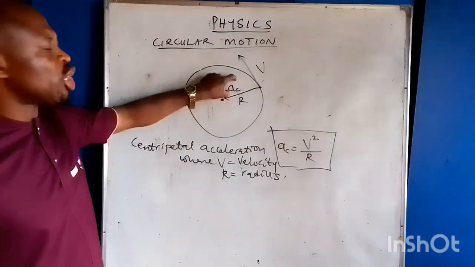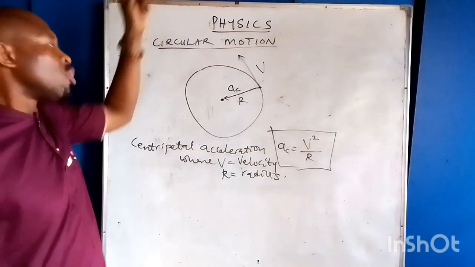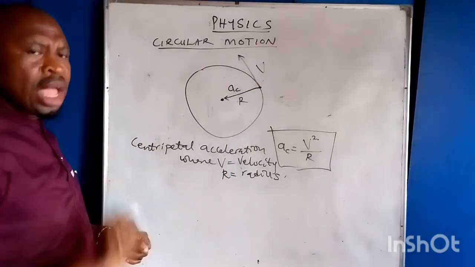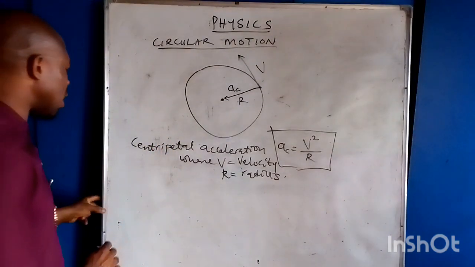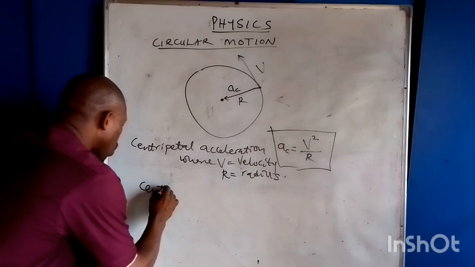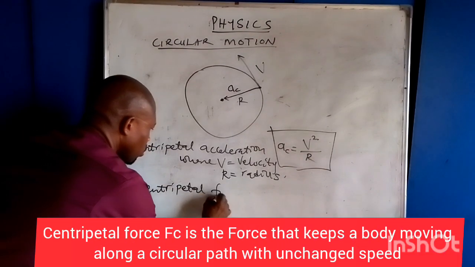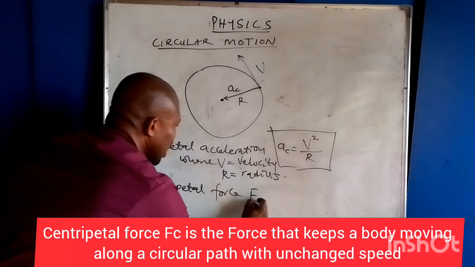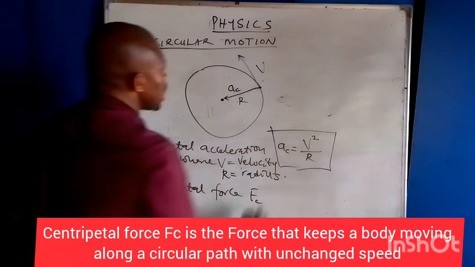Now, as this body is moving, it has a force that sustains it so that it can continue to move around a circle. That force is what we refer to as the centripetal force, Fc.